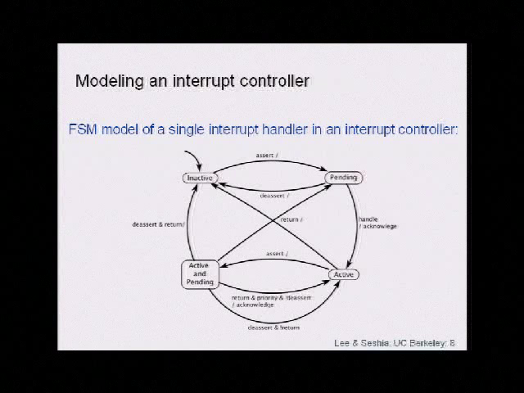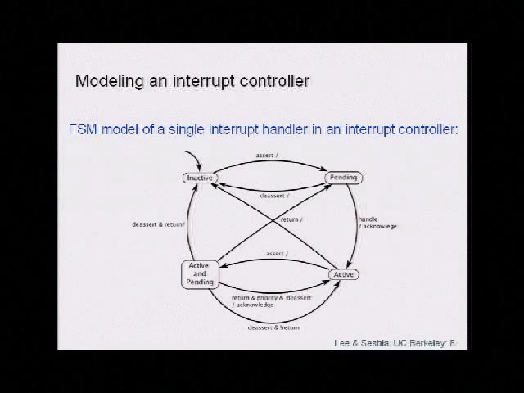One way we can do that is to explicitly model the interrupt controller, that is, the process of an interrupt getting activated. And we can do that with this 4-state machine. We'll assume that the interrupt controller starts out in the state inactive. When the interrupt happens, it goes to a state pending, which means there is an interrupt pending, and we might need to handle it.